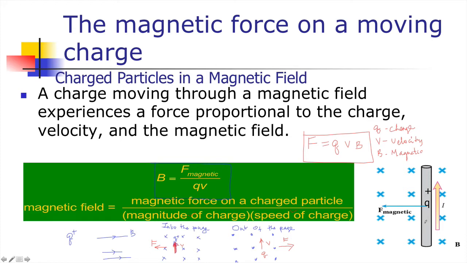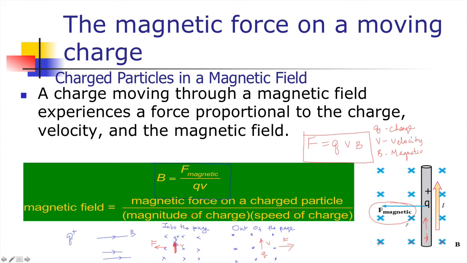So if current is flowing through that wire, and that wire is exposed to a magnetic field, represented here by X, meaning the magnetic field is away from you, then that current carrying wire will experience a force.